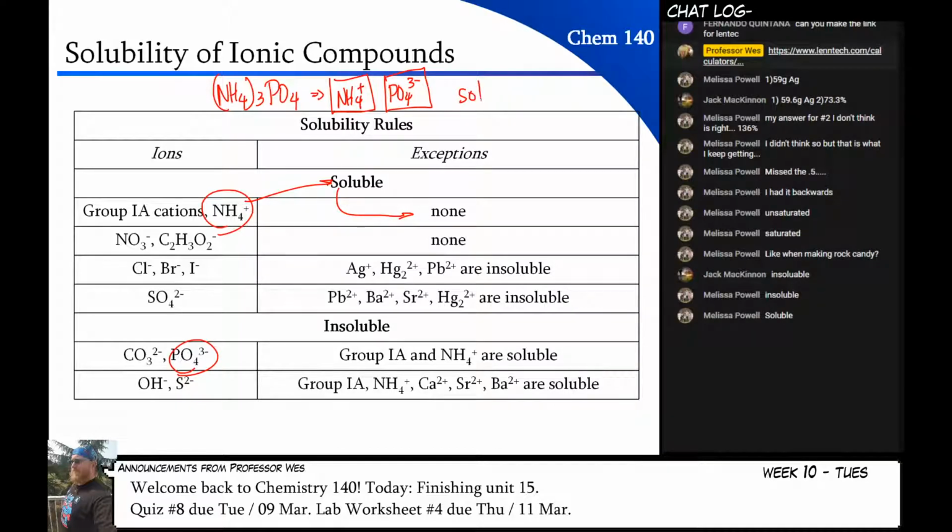So we should get the same result down here. Phosphates are insoluble unless paired with group 1A or ammonium. And it totally is. So if you find something on the chart, use that and you'll be good. If you find the other thing on there, it should point you to the same answer. Otherwise, there's an issue with the chart.